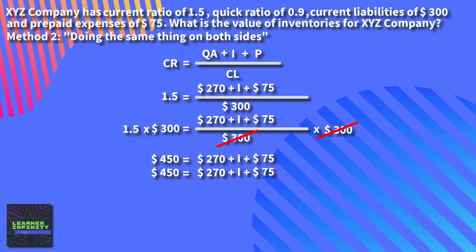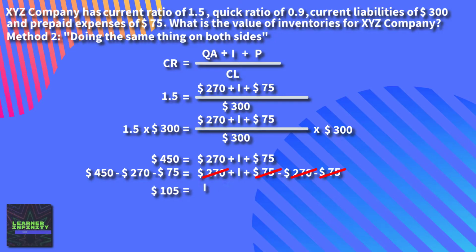We will deduct the right side with $270 and $75. This leaves only the unknown variable we are looking for. Deduct also the left side with $270 and $75. Finally, $450 minus $270 minus $75 will provide us the final answer of $105, which is the value of inventories.